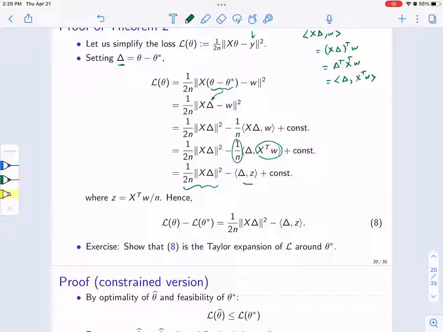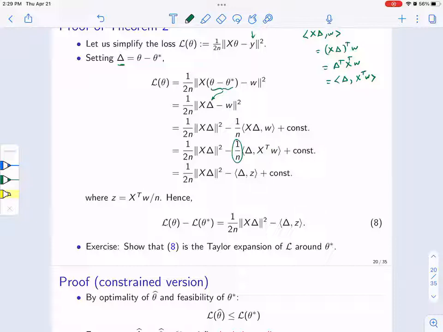So to simplify, if I subtract L theta star, which corresponds to the case where delta is 0, I remove the constant. Basically the difference of L theta minus L theta star, that's the deviation in the loss, is given by this nice formula. Okay, so delta is the direction that you move in. Let's say this is theta star. Actually, this is the empirical loss, so theta star might not be minimizing.